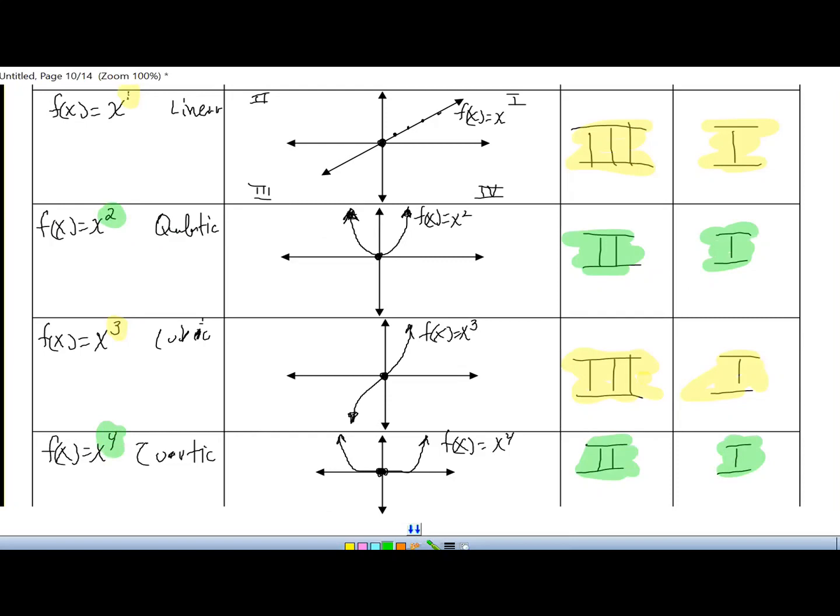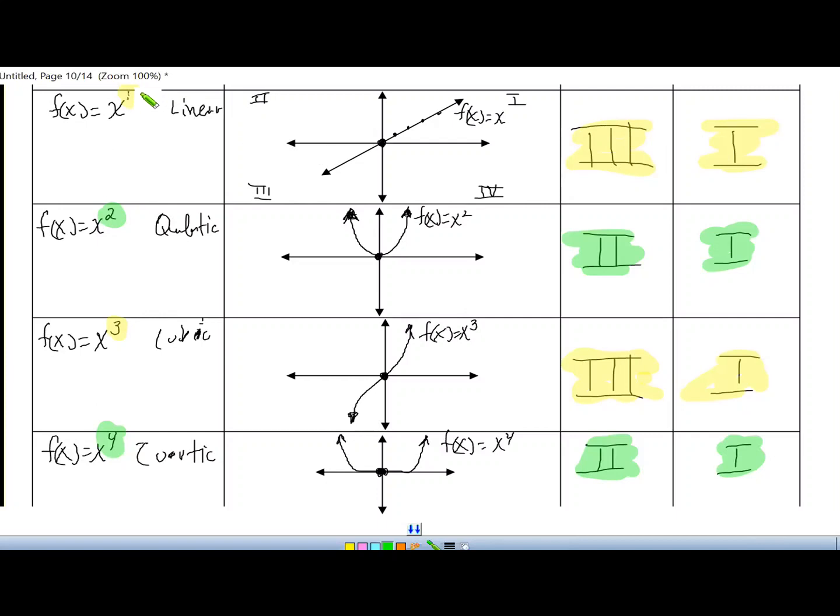So if you were to write a note to yourselves to be looking out for something, what would we say that this first one has in common with this one, because the exponent is what? What would you say, Hayden? They're like odds and evens. Odds and evens, yes. The odd number exponents start at quadrant 3 and end in 1.